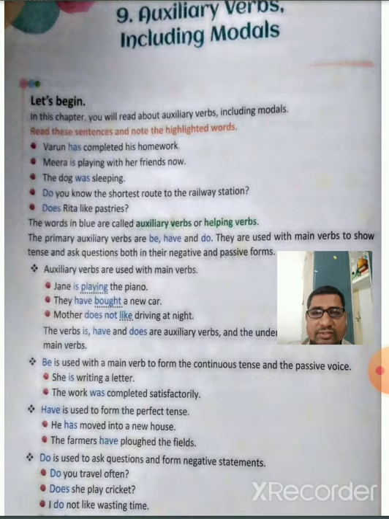Here the work was completed satisfactorily is in passive voice, simple past tense. So is and was both are helping the main verbs, writing and completed.